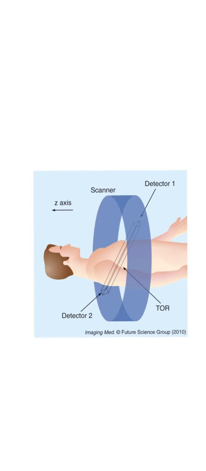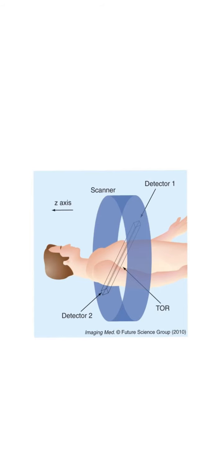Bed position is also your field of view, so where exactly you're collecting your data or your counts from at that moment in time. All scanners are different with how large their field of view or bed position is, but pretty standard is that everybody's brain can fit in one bed position. Everybody's heart can fit in one bed position. And those are the two main organs that can be imaged in PET in just one bed position.